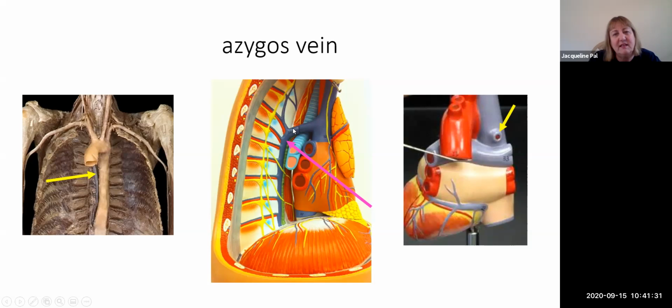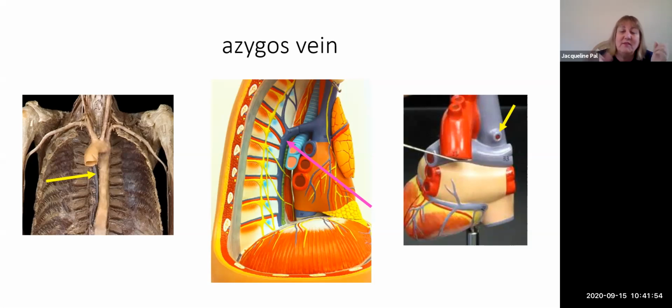The azygous vein actually dumps its blood into the superior vena cava. So if you look at the heart from behind, look at those pictures where you were identifying all these other blood vessels, and you missed this little blood vessel. This is the very last blood vessel, the only blood vessel that dumps into the superior vena cava.